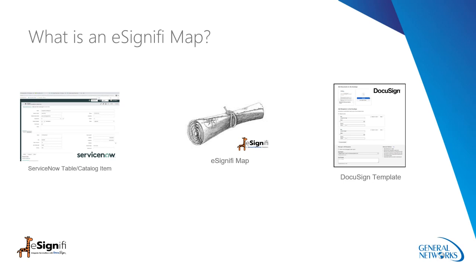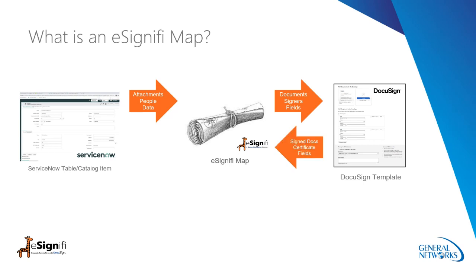The eSignify map controls that data flow by taking attachments, people references, and other data fields out of ServiceNow and pushing those into DocuSign as documents, signers, and data fields. When the signing process is complete, it pulls back the signed documents, the certificate of completion, and data field updates, and pushes those back into ServiceNow. So that eSignify map is the thing that controls all that data flow from ServiceNow to DocuSign and back again. You'll see how that works as we go through the demonstration.